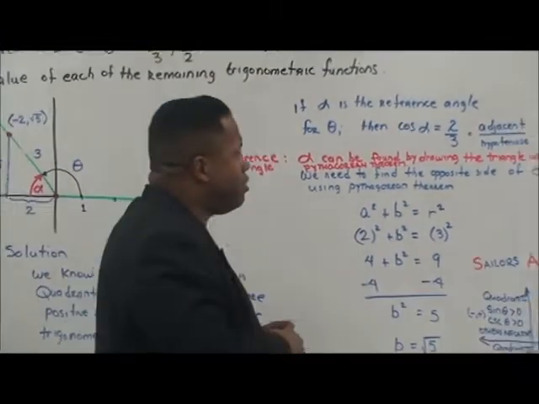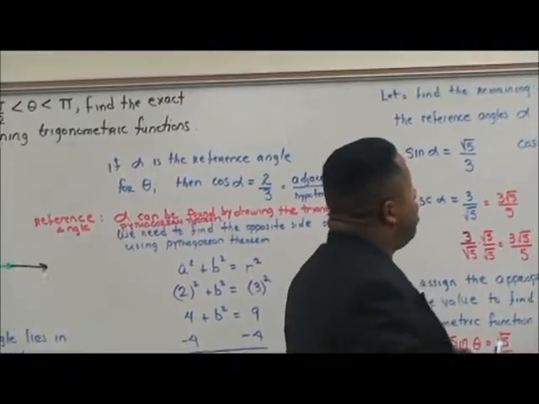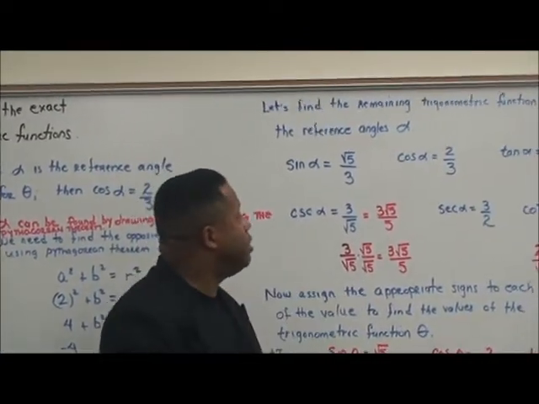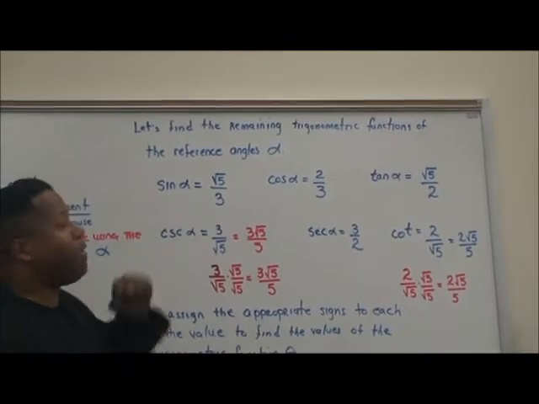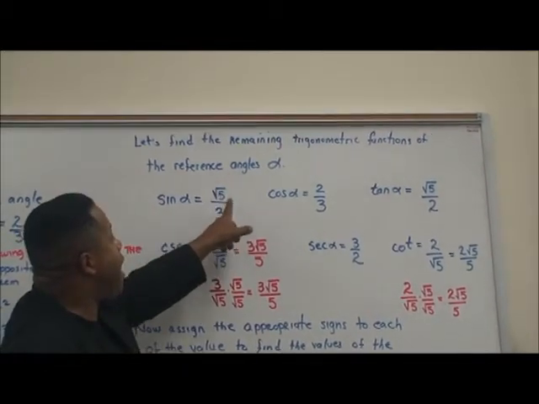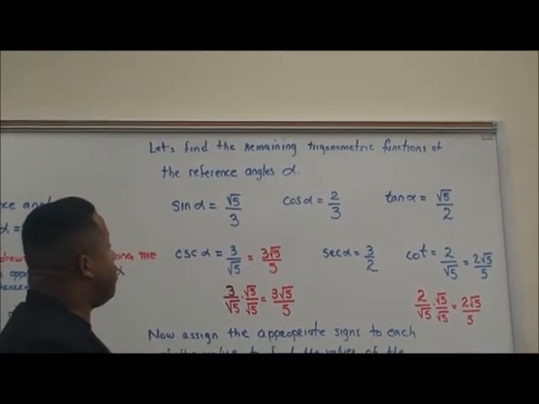So, moving on, we can now find the remaining trigonometric functions of the reference angle, right? Sine alpha, being the opposite over the hypotenuse, is the square root of 5 over 3, which is the exact value.